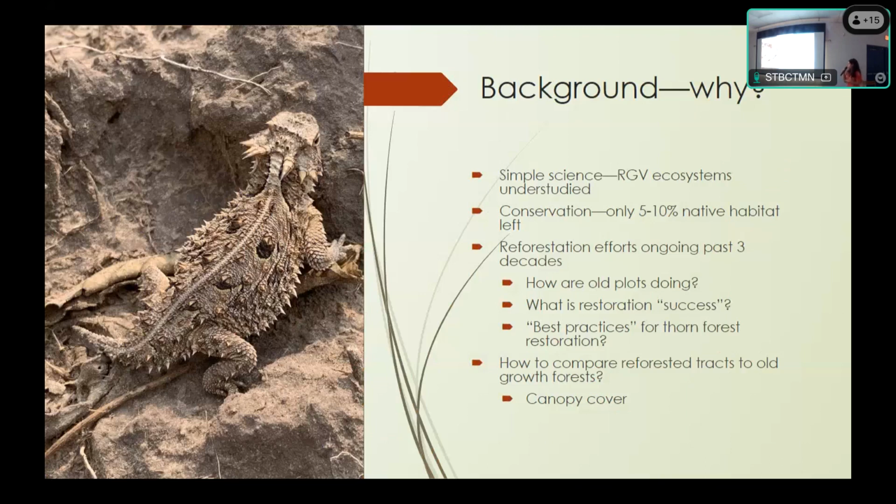Another reason why I'm doing this is for simple science reasons. RGV ecosystems are really understudied. There's only a handful of papers on thorn forest ecology, while there is an entire wealth of research on tropical forests and temperate forests. There's very little on thorn forests, and some of that research does transcend biomes and you can apply it everywhere, but a lot of it doesn't.